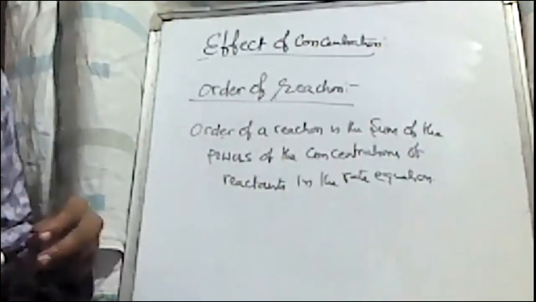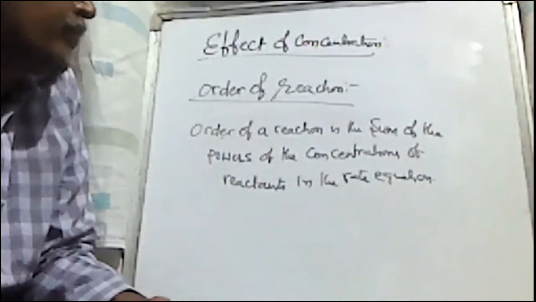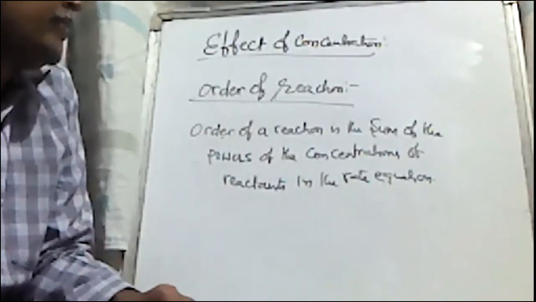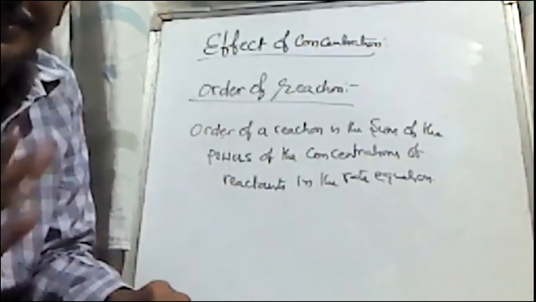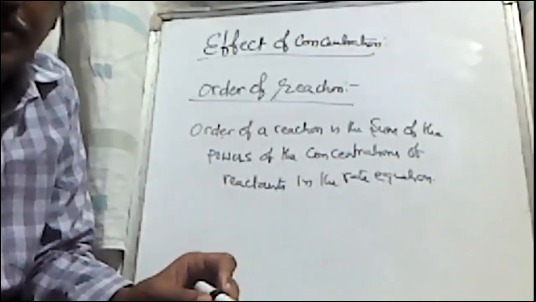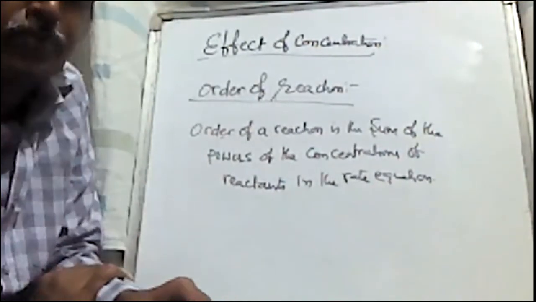What is the order of a reaction? It is the sum of the powers of the concentrations of the reactants in the rate equation.